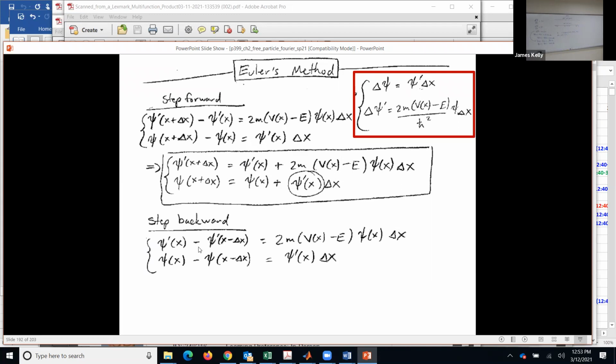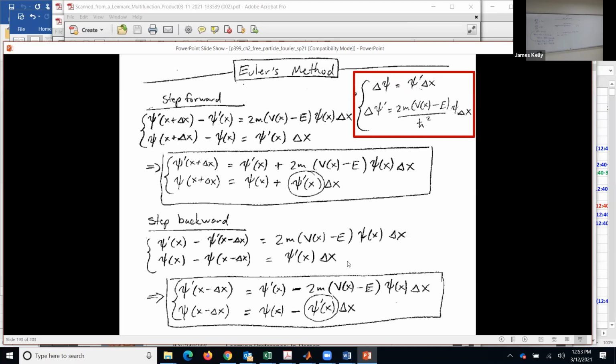Similarly, I can step backwards. I could also write delta psi prime as psi prime at x minus psi prime at x minus delta x. And that gives me a rule for how to step to the left, or to step to more negative values.